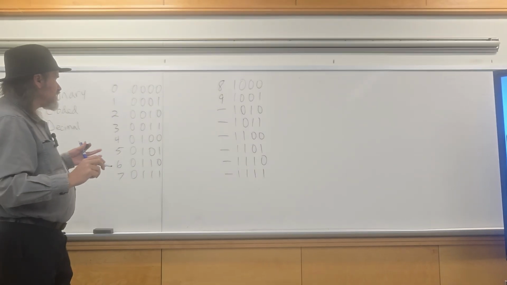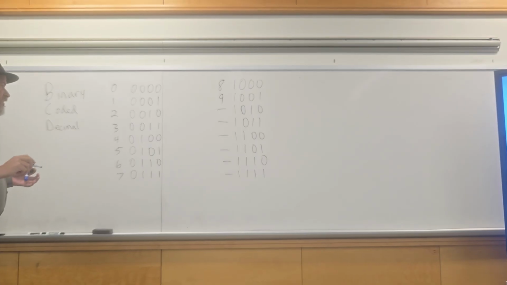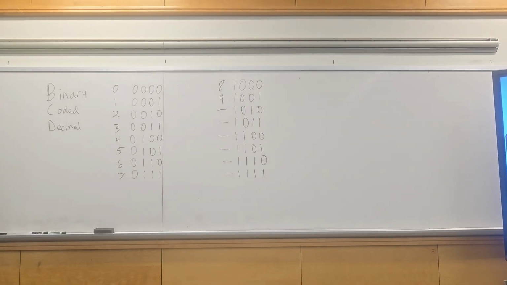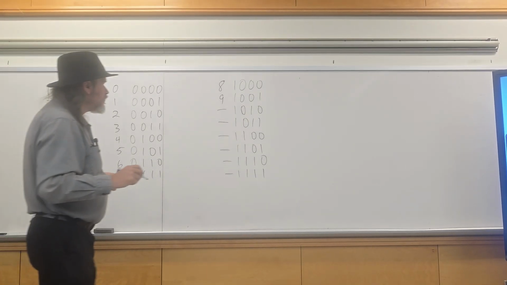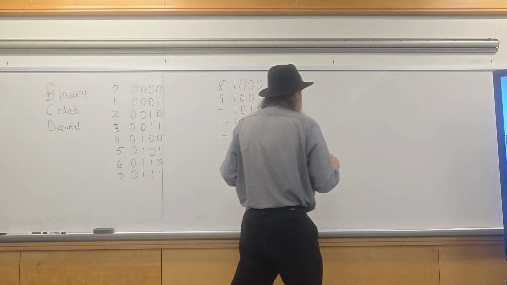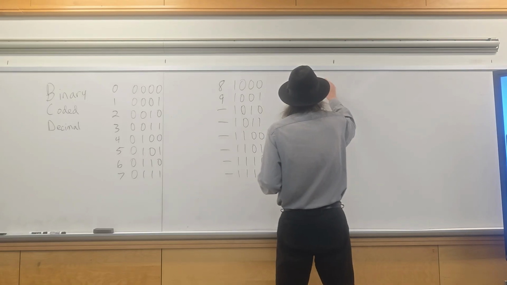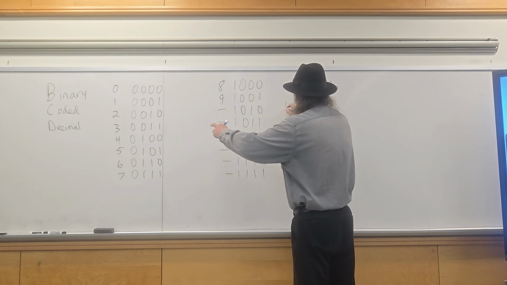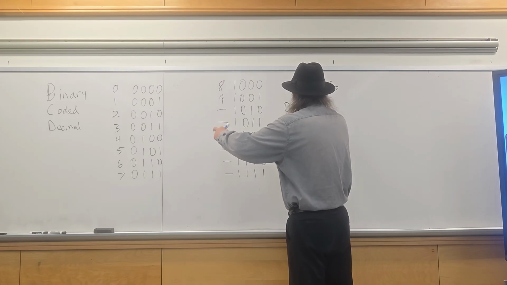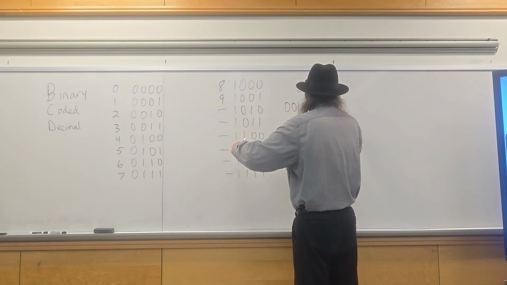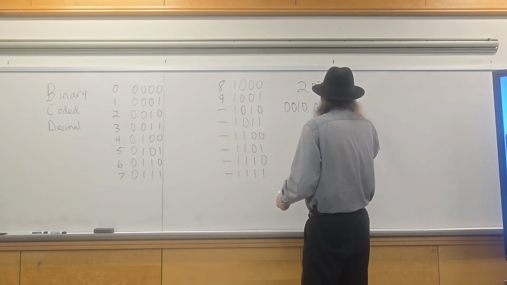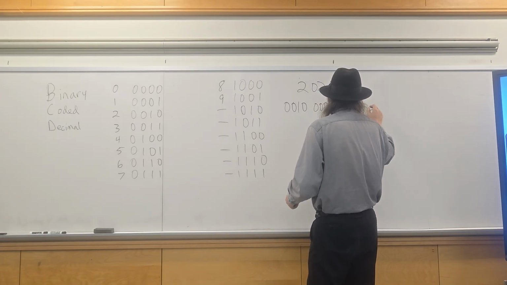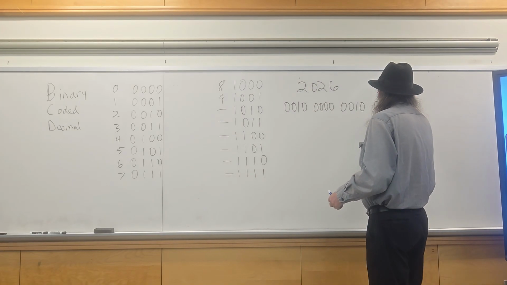So to represent a decimal number in BCD, binary coded decimal, you would say the year 2026 would be represented by 0010 0000 0010 0110.